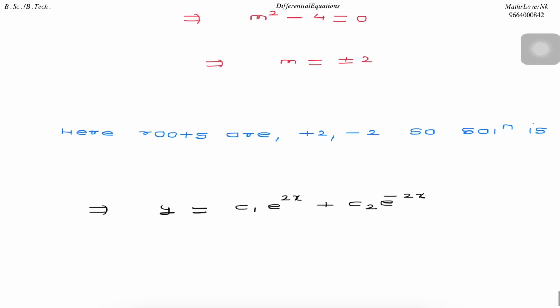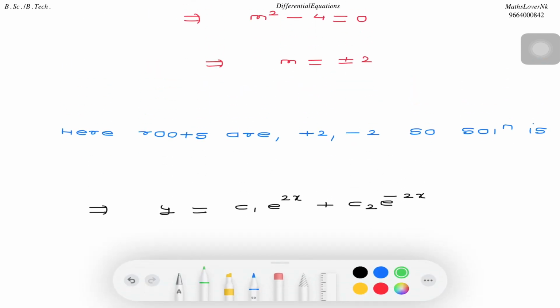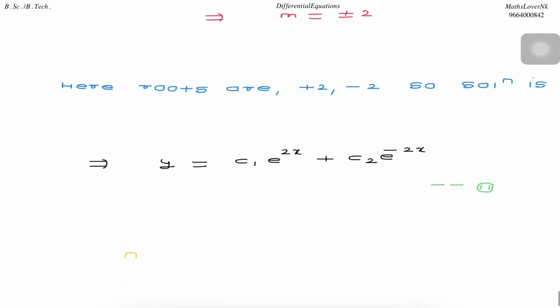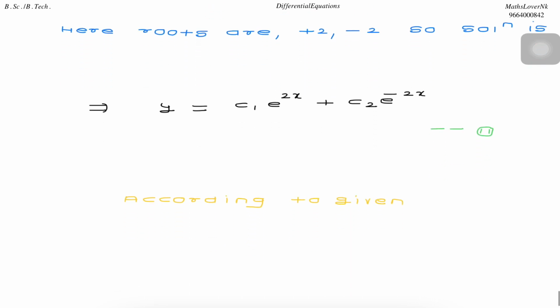This is equation 2. According to the given, x is equal to 0 when t is equal to 0.